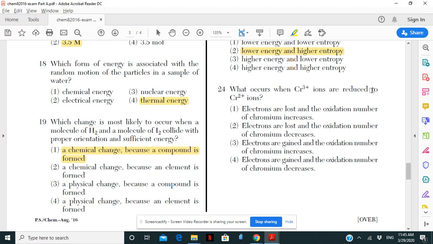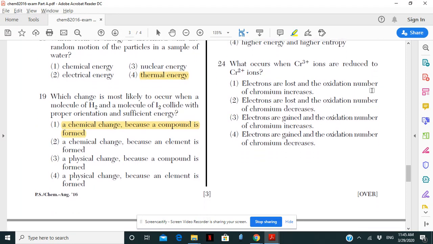Question number 24. What occurs when chromium 3 ions are reduced to chromium 2 ions? Upon reduction, it gains electrons.